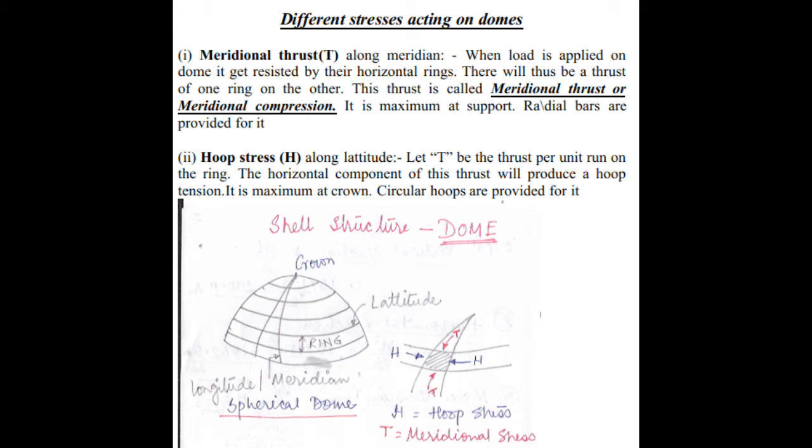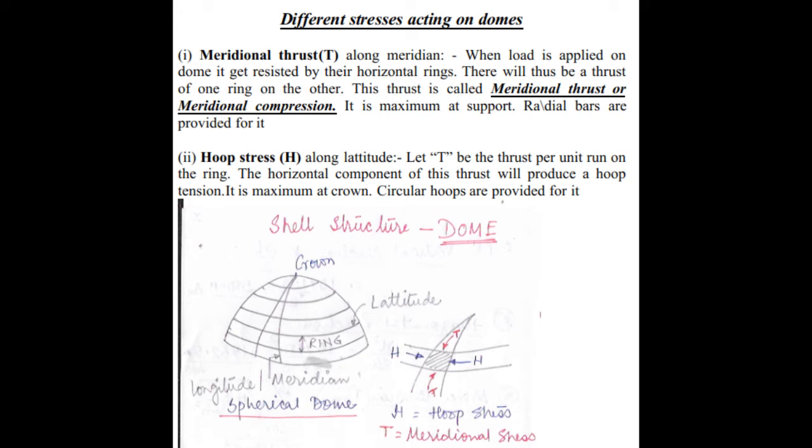So there will be a thrust of one ring on the other ring. This thrust is called the meridional thrust or meridional compression. It is maximum at the support, and radial bars are also provided to resist it.